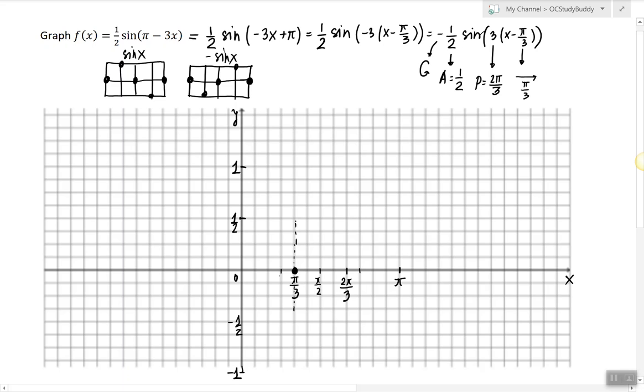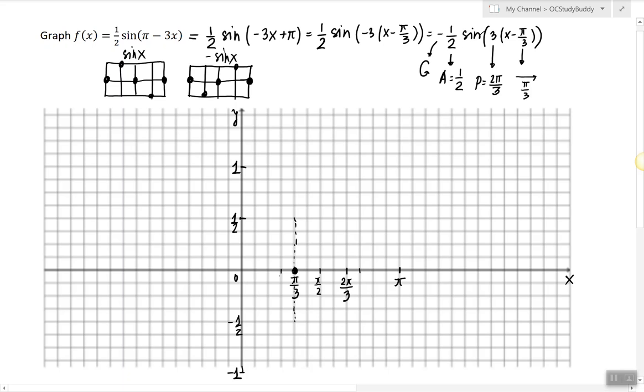So going half a unit up will extend this up to here and down there. And from here we're going to draw a box with height 1, so 1/2 in each direction from the origin, and 2 pi over 3 wide.